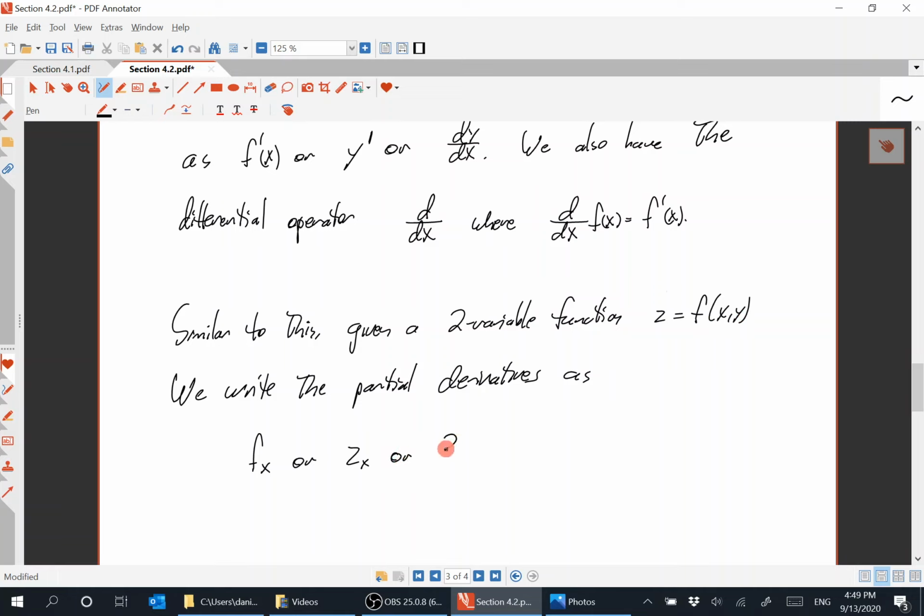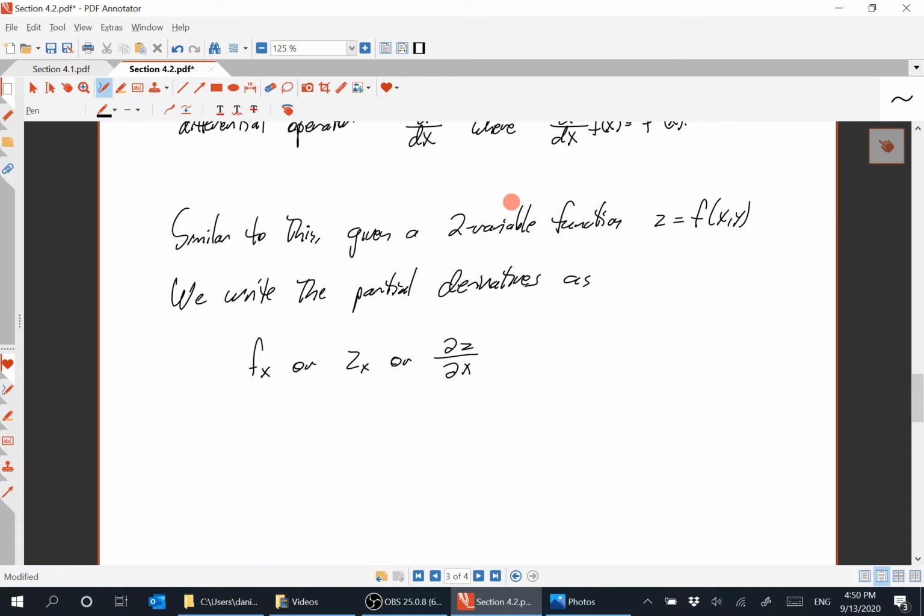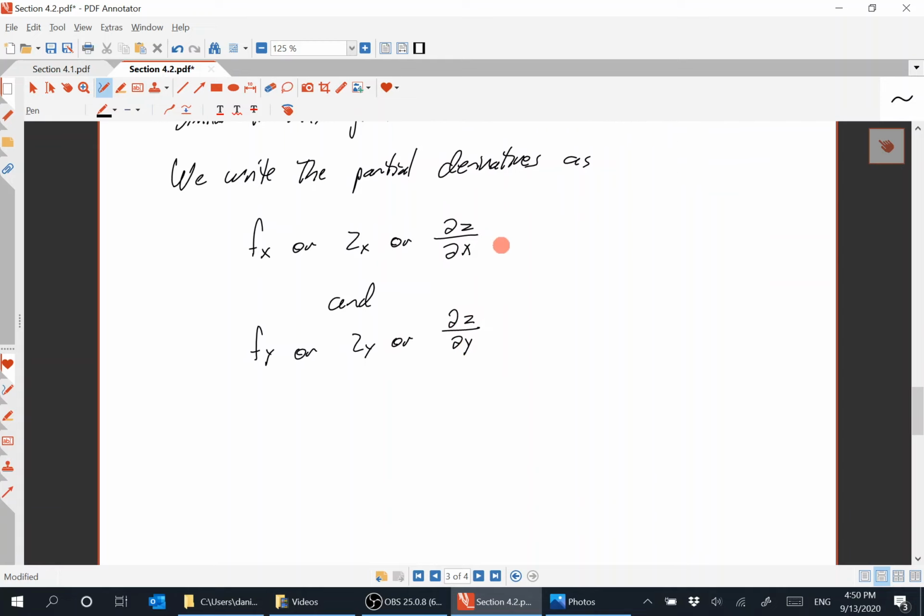Or there's the differential notation: you don't use a d, you use this symbol, which stands for partial derivative. It's kind of like a backward 6. So that's for the partial derivative with respect to x. And you also have the partial derivative with respect to y, which is written f subscript y, or z subscript y, or partial of z with respect to y. And then we also have the differential operators.